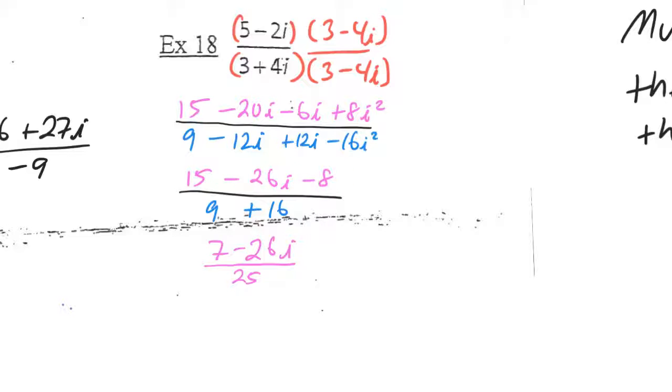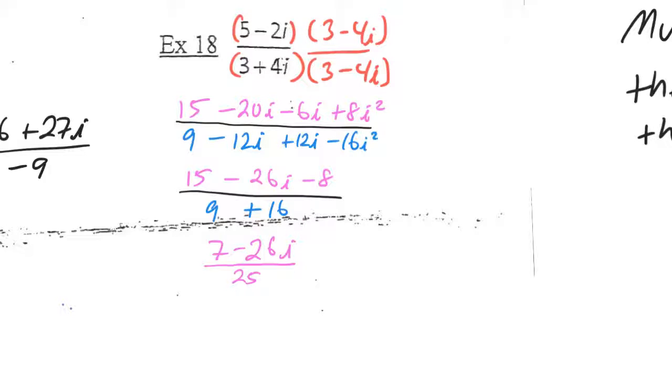The 15 and the negative 8 become a 7. So 7 minus 26i. In the denominator, though, something special happens. We have a negative 12i and a positive 12i, and they just cancel each other out, right? They go to 0. So I've got a 9, and this negative 16i squared becomes a positive 16. 9 plus 16 is 25, and so I get 7 minus 26i over 25.